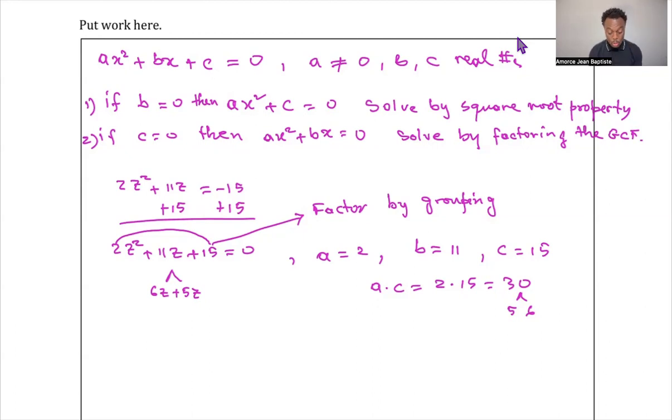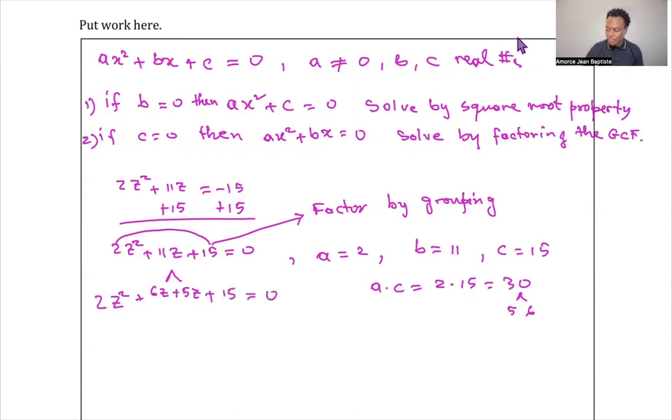You need to make sure that the product ac is broken into 2 factors whose sum equals the coefficient of the linear term. Clear? Now we can drop down the other terms: 2z squared, and then 15.